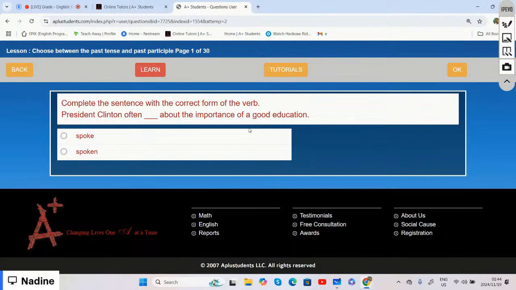Option one, spoke, or option two, spoken? Only the past tense, no helping verb.